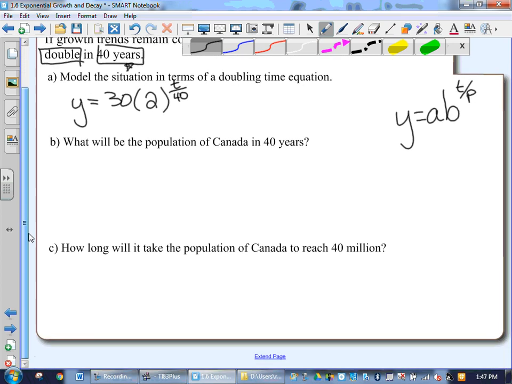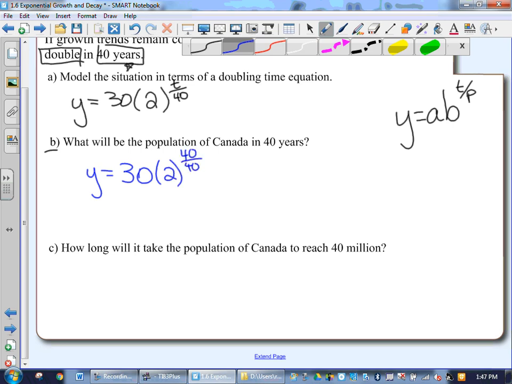So part B then says, what will the population of Canada be in 40 years? Now, using logic, if it's 30, and it takes 40 years to double, in 40 years it should be 60 million. This is a good opportunity for me to test if my formula actually works.